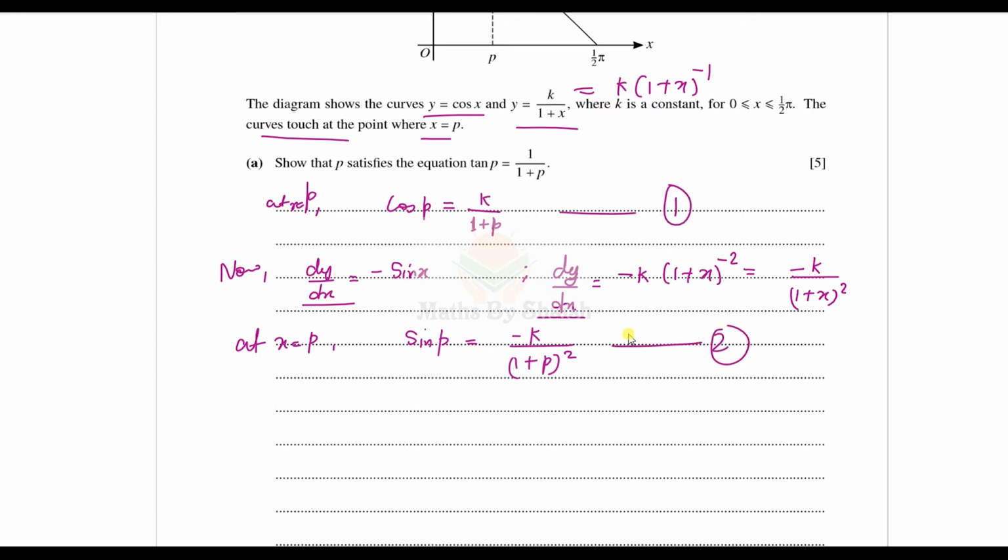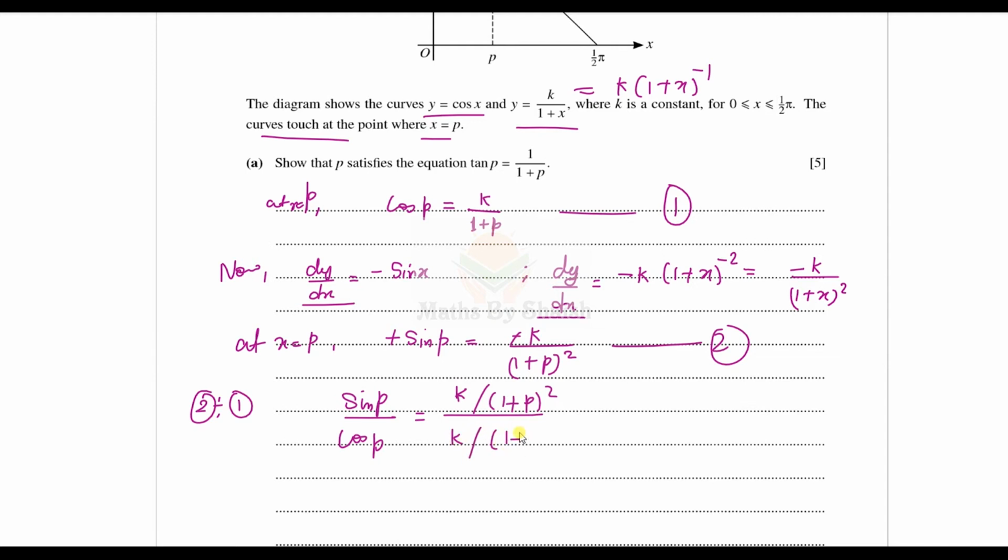Dividing 2 by 1, we get sine p over cos p is equal to k over 1 plus p whole square, divided by k over 1 plus p, since cos p is k over 1 plus p only.